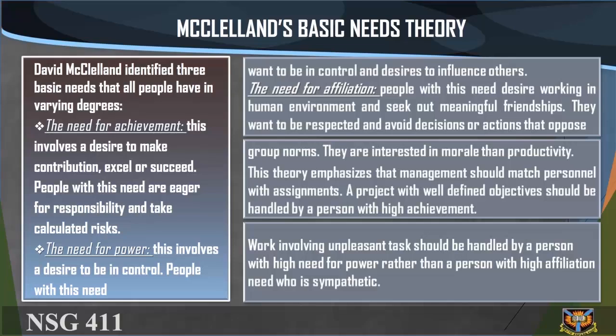A project with well-defined objectives should be handled by a person with high achievement. Work involving unpleasant tasks should be handled by a person with high need for power rather than a person with high affiliation need who is sympathetic.